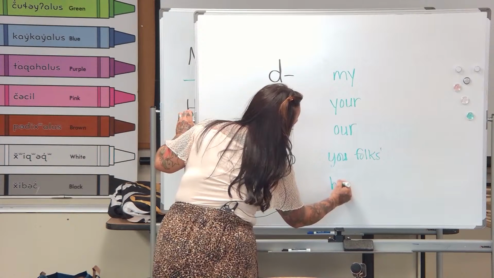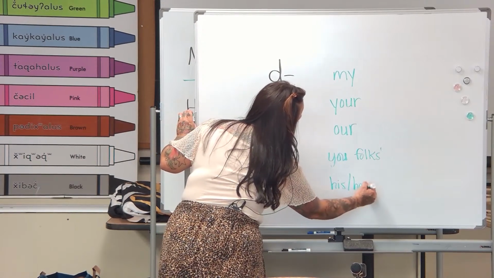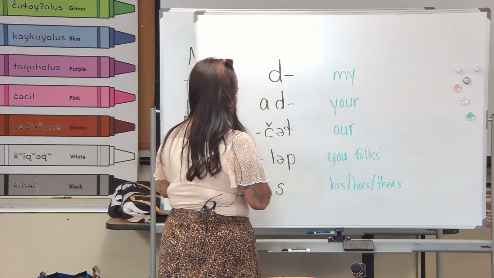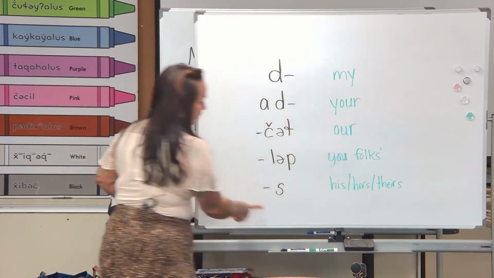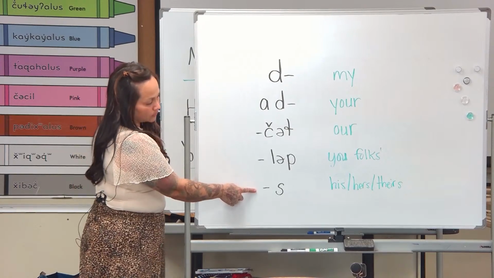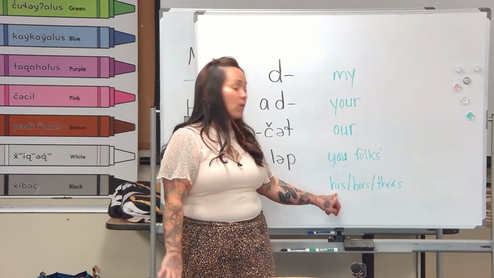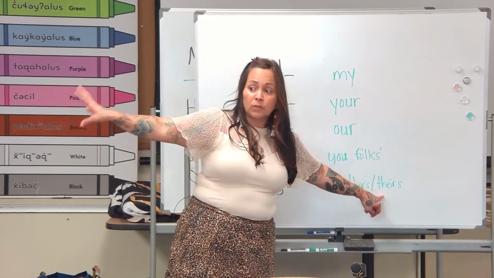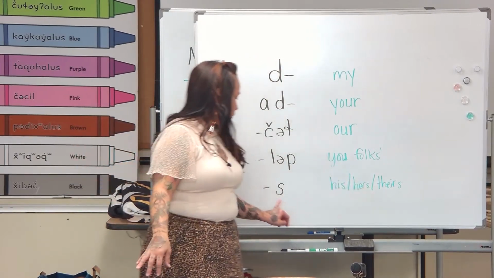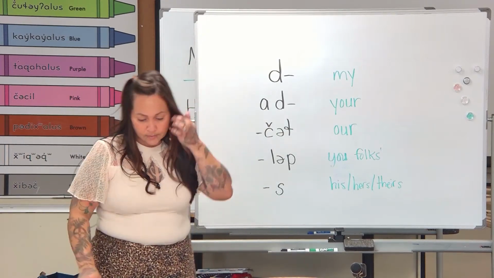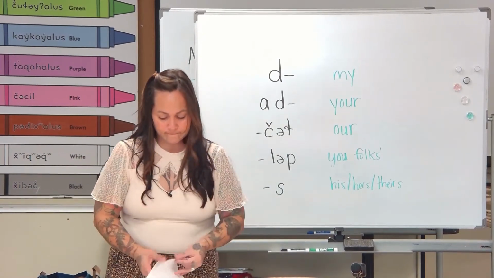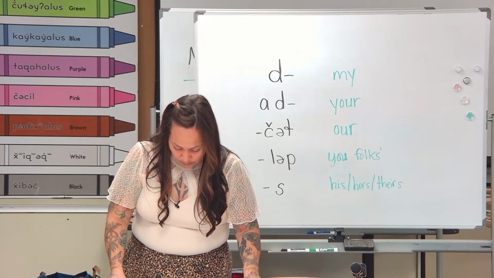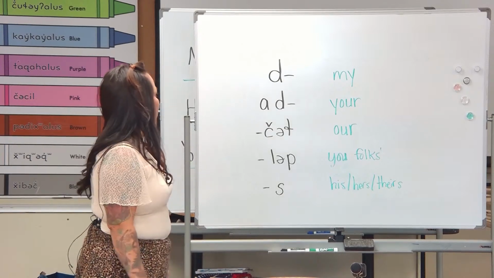And then the S, his, hers, or theirs. With the reminder that this is context-based. So you would already know if you're talking about him, her, or them. So then you would know what this S represents. All right. And those do get attached to the nouns.